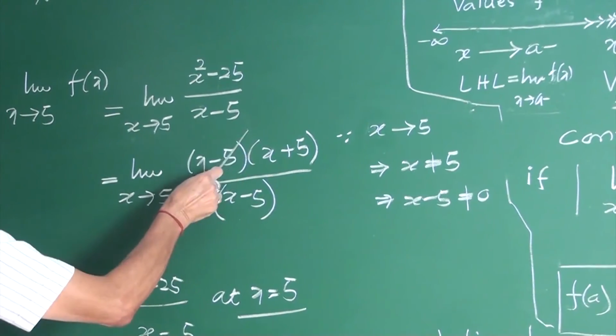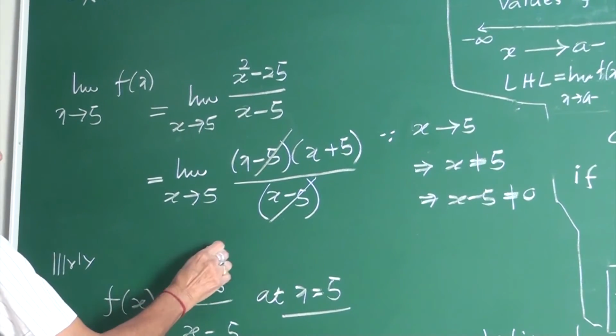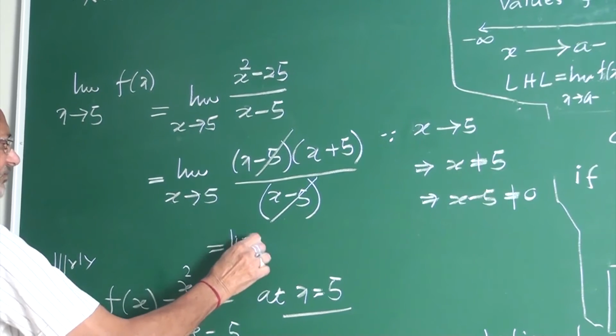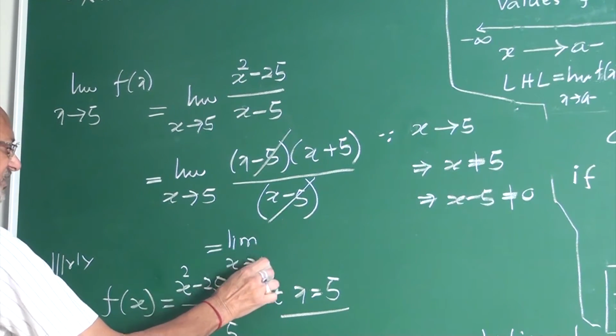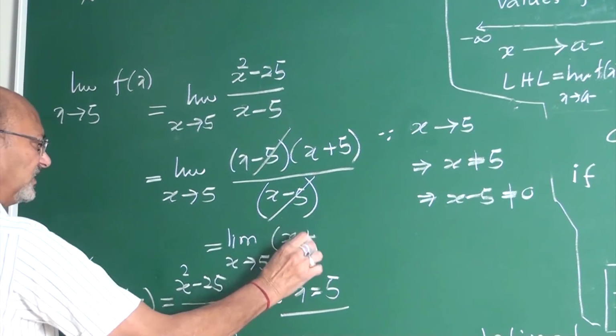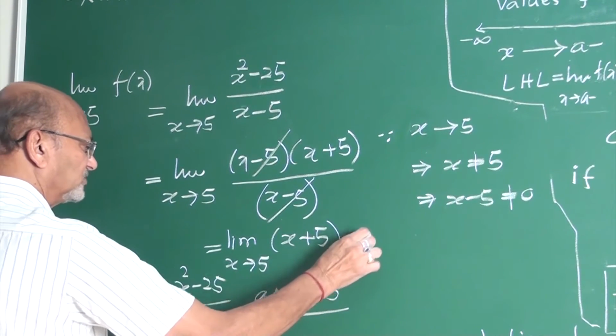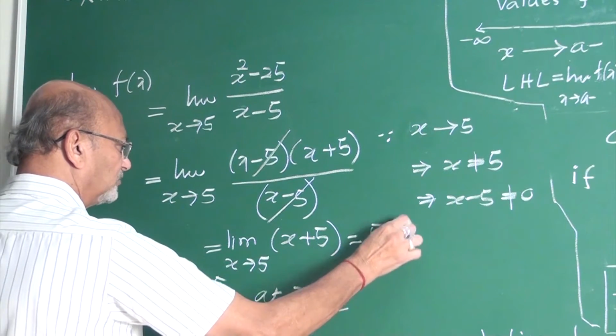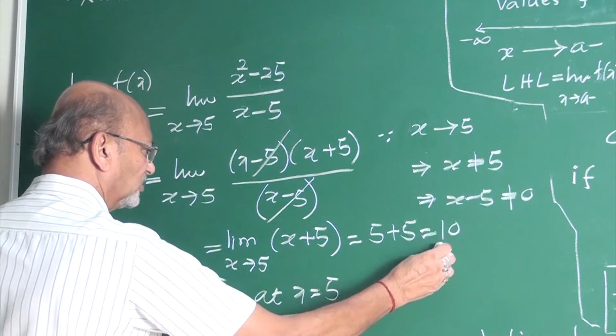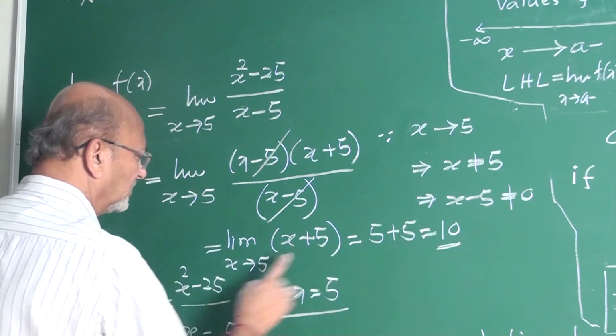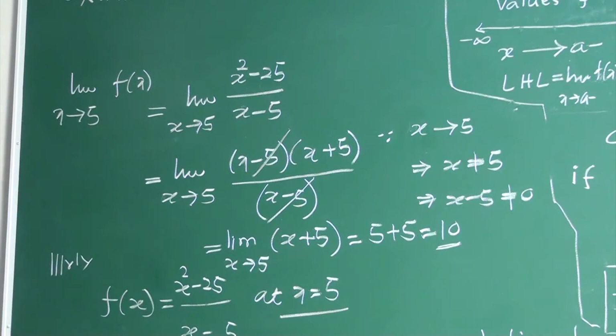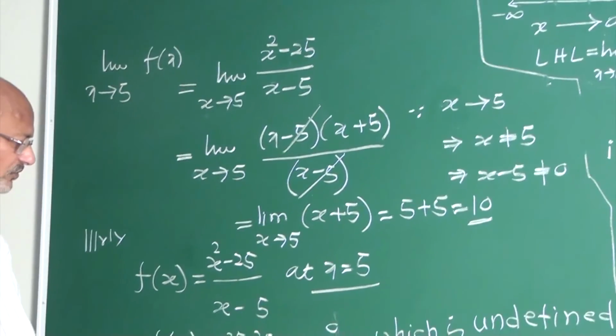When it is not equal to 0, you can cancel it. Remaining, you are left with limit as x tends to 5 of x plus 5, which is 5 plus 5. What is 5 plus 5? 10, my friends. So in this case, the limit exists, but the value does not exist at x equal to 5.